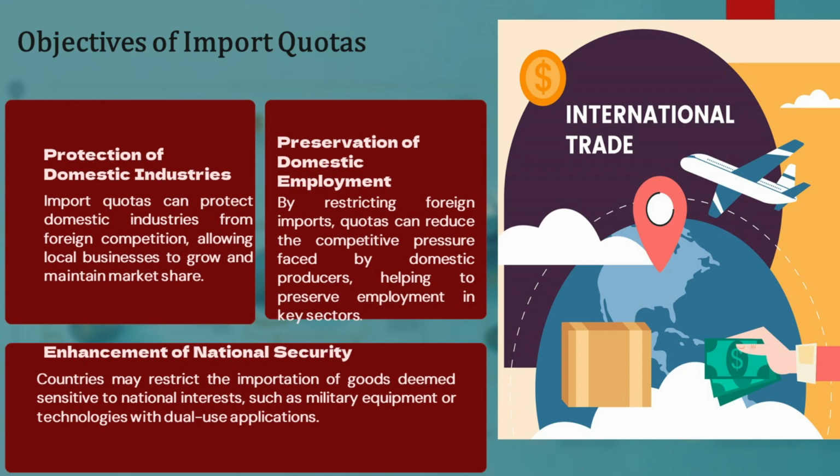That is why the protection of nascent or infant industries is one of the most cited justifications for the implementation of import quotas, and one of the most important objectives of imposing them by different countries.